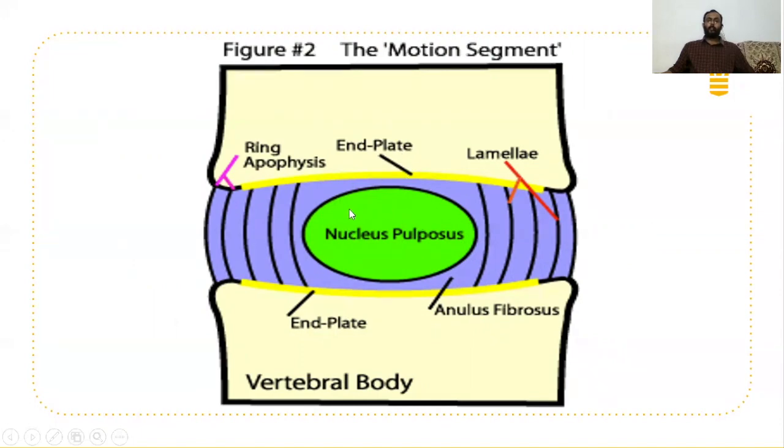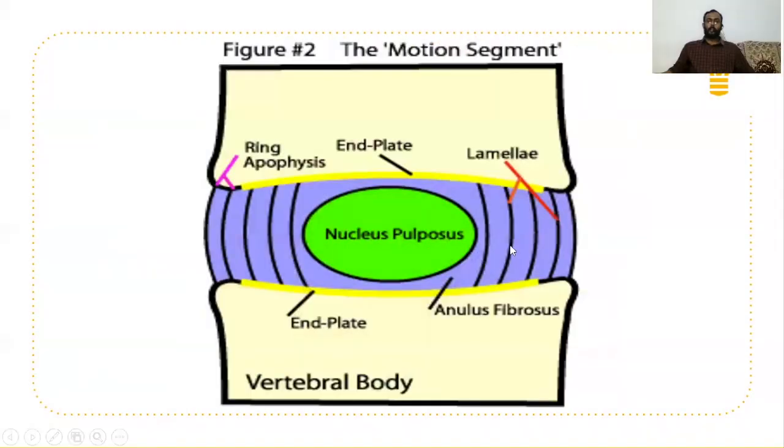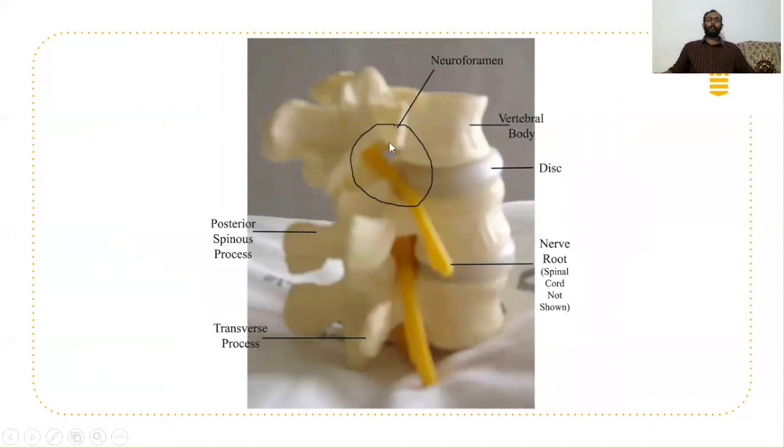Centrally, in sagittal view, you shall see this is the axial view. Here it is sagittal. You shall see the central nucleus pulposus, which is hydrated and circled by annulus fibers. This is the neural foramen through which the nerve comes out, which is very close to the facet joint. You shall see the disc in between the vertebral bodies.